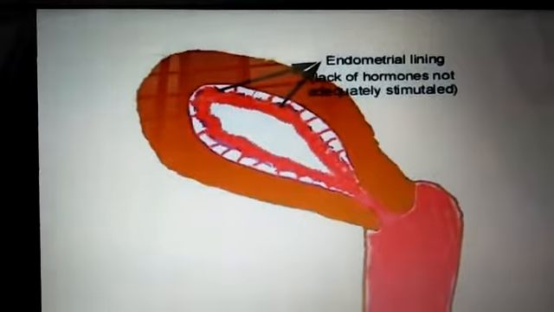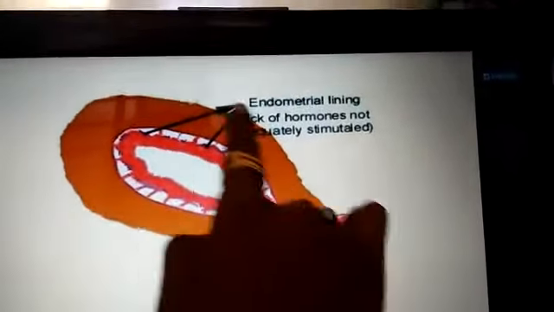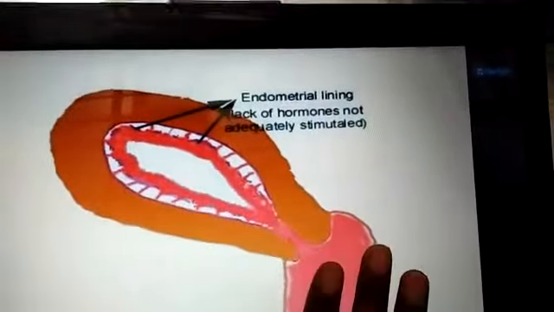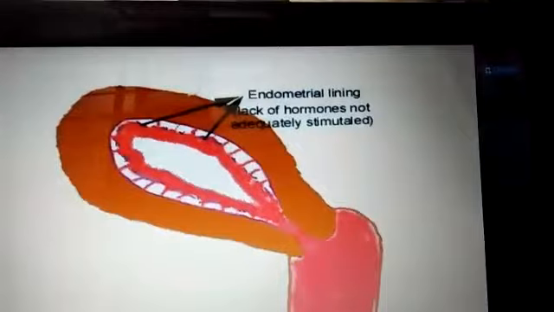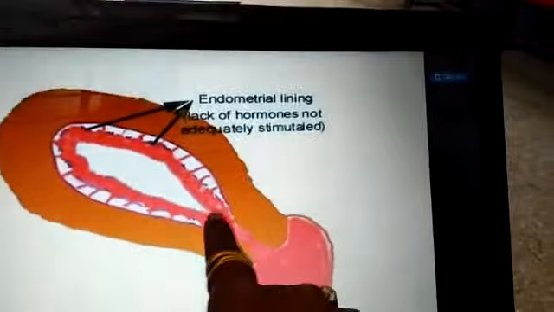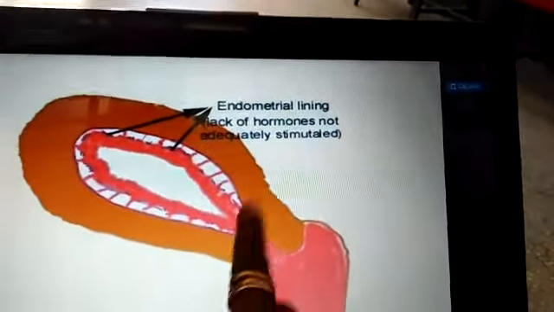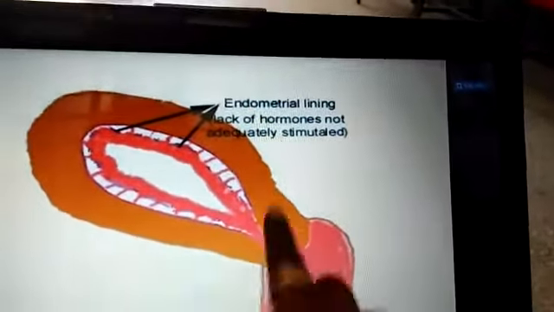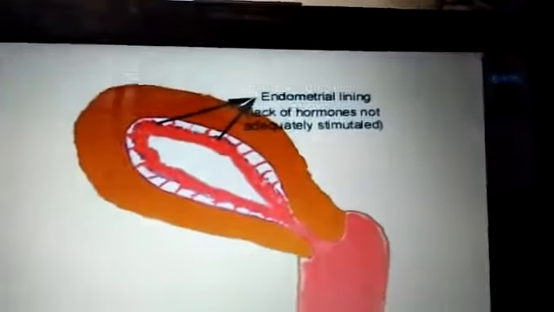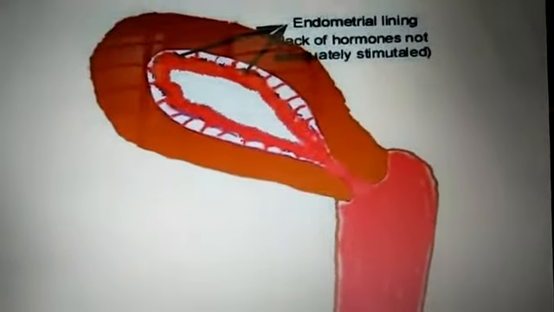But is there any pathology here? No, there is no pathology. The problem is improper ripening of the endometrium and, second, irregular shedding of it. And why is this happening? Because of lack of hormones, the endometrium is not adequately stimulated.